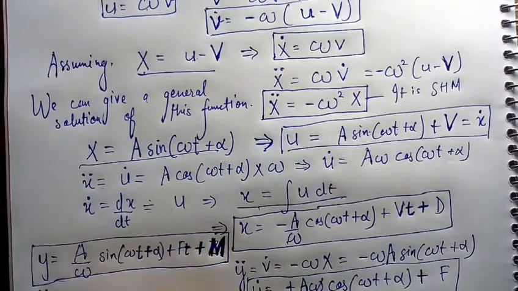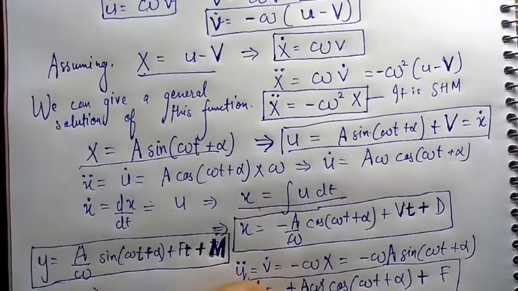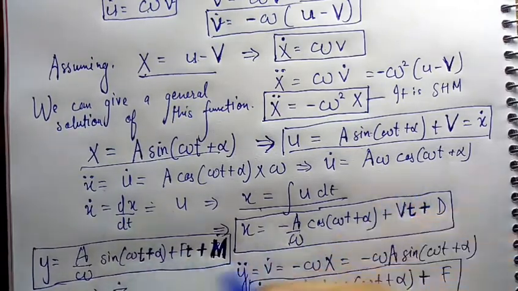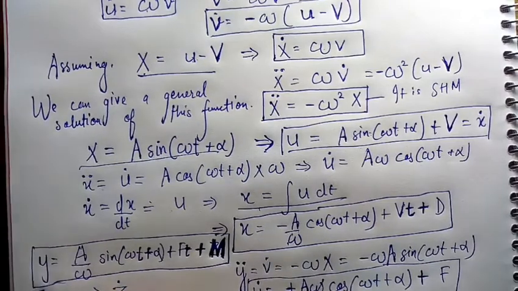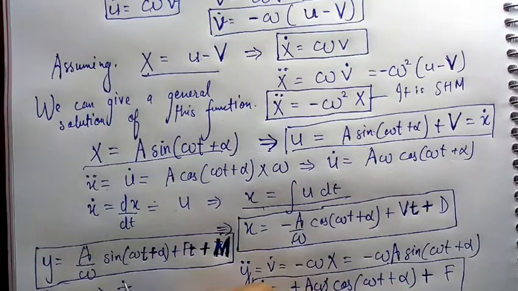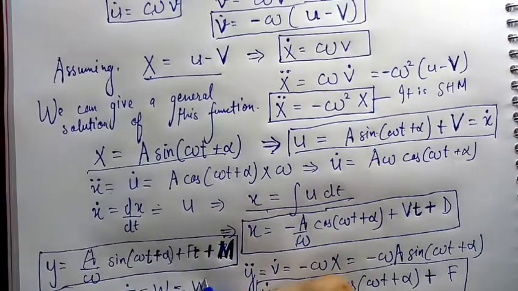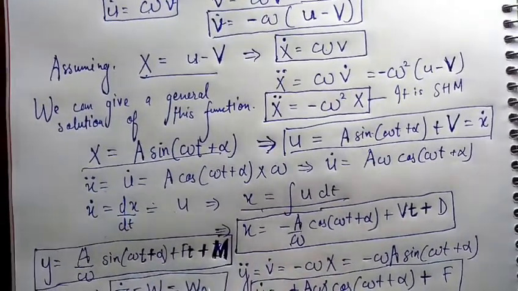We know z double dot is 0, so integrating this is going to be an easy one. Integrating this gives z dot, which is w, and z double dot is w dot. Okay, this is quite understandable. z dot or w is going to be a constant, let's say w naught.